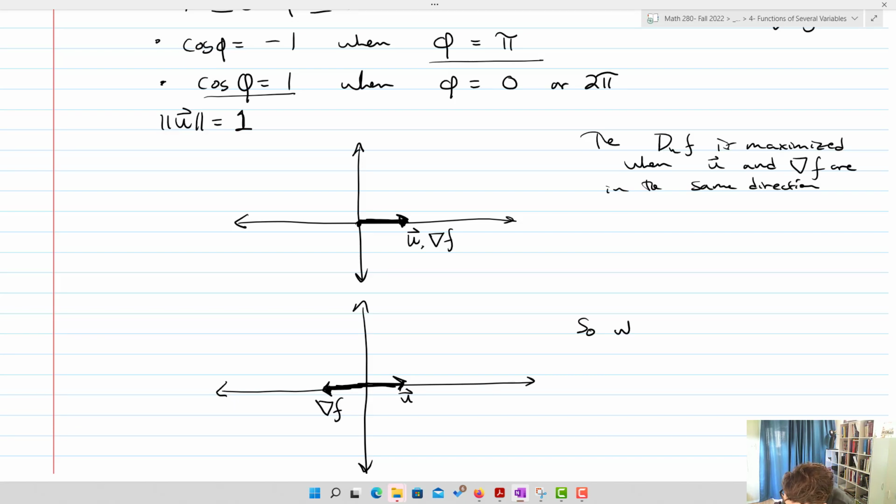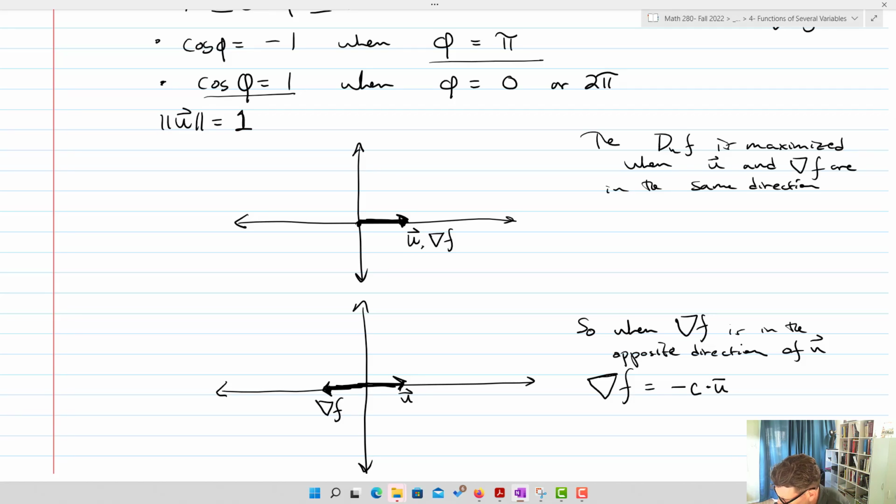So when grad f is in the opposite direction of u, that basically means our del f equals some negative scalar times u.